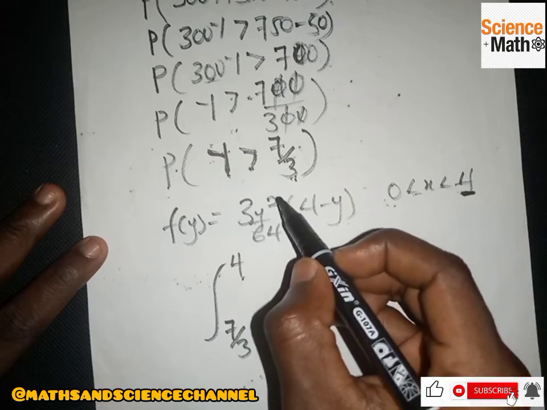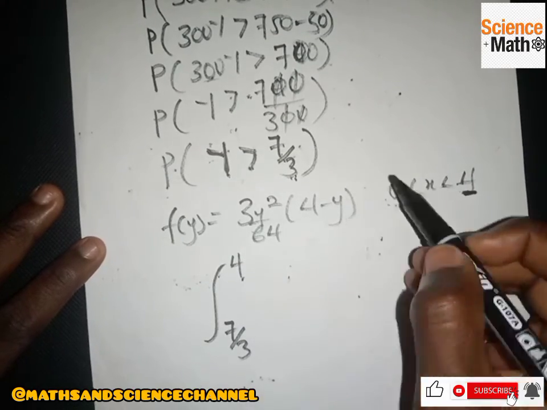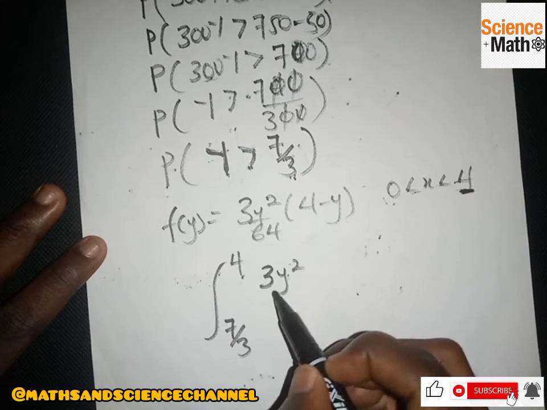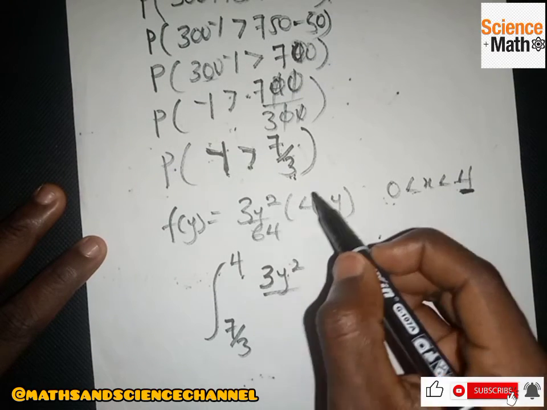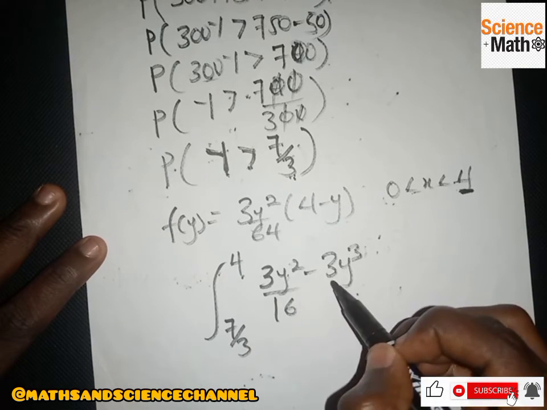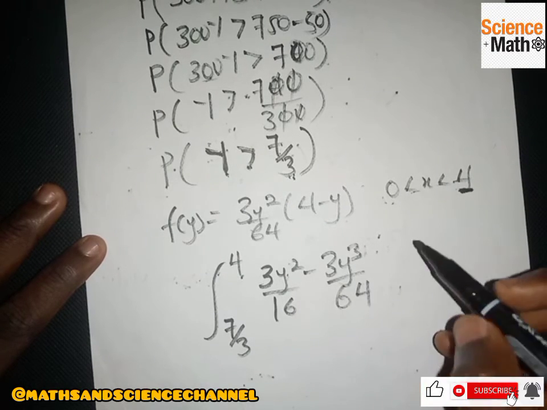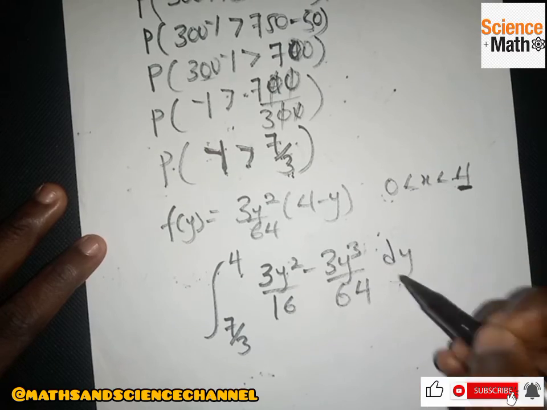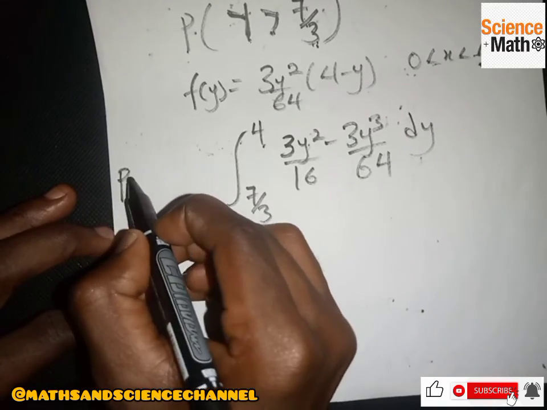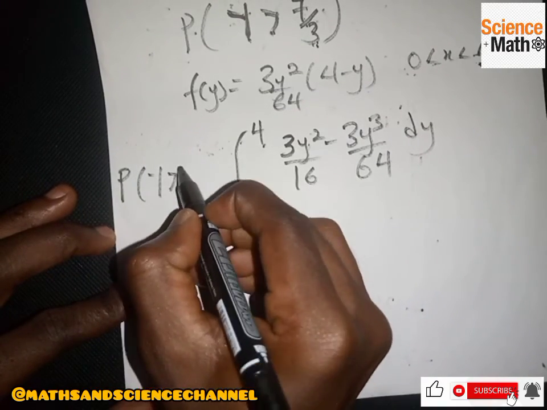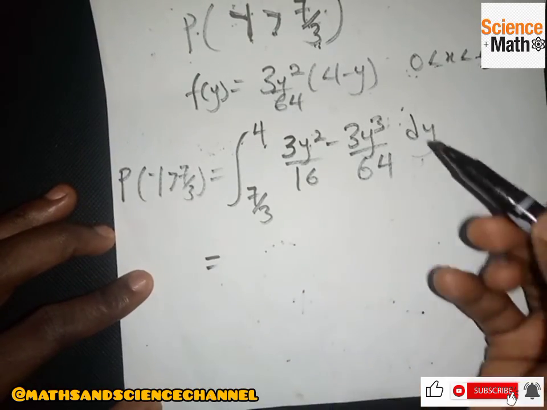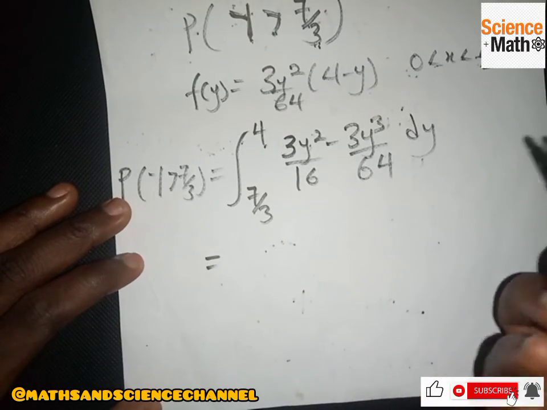Now from here we just compute that. So we have 3y squared over 64, and then 4 minus y over 16, giving y cubed over 64... and then the y. So this is the probability that y is greater than 7/3, and that's what we are solving now. So from here we integrate.